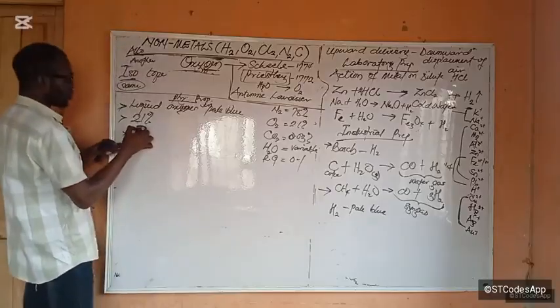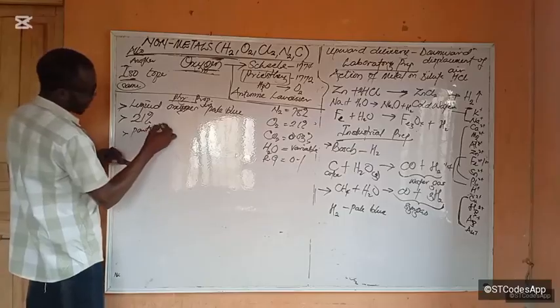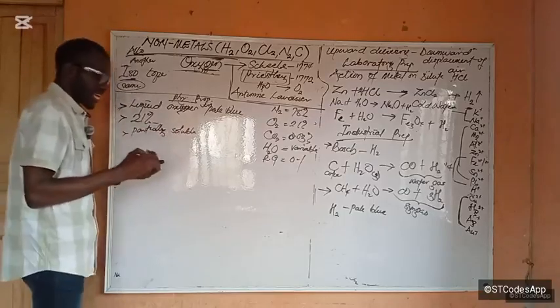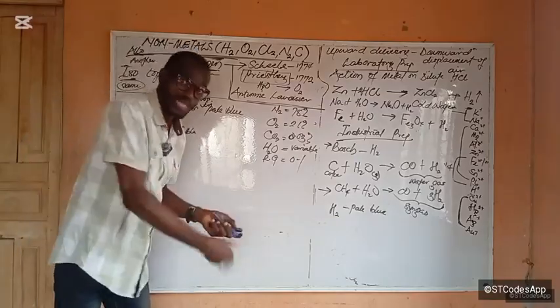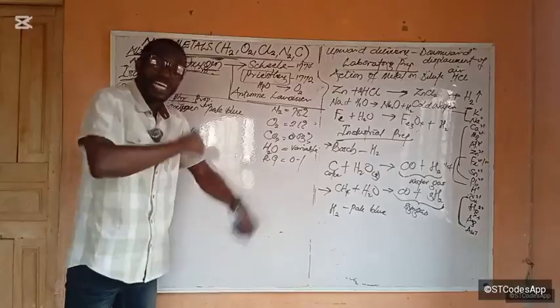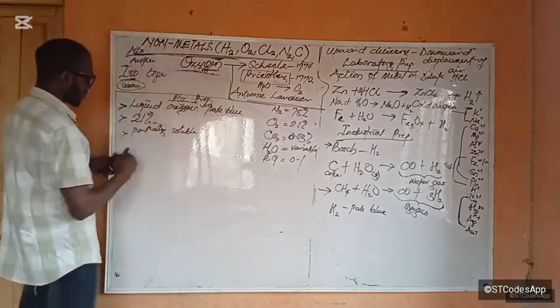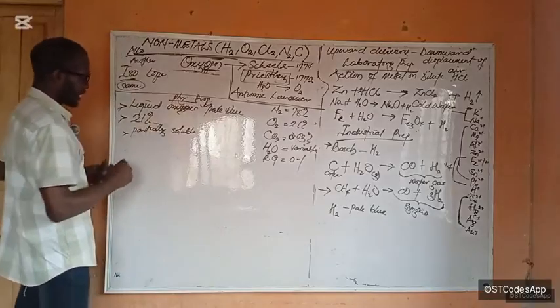So we say it is only partially soluble in water. That's why, for oxygen to mix with water, the water has to be turbulent. So partially soluble in water. What again?